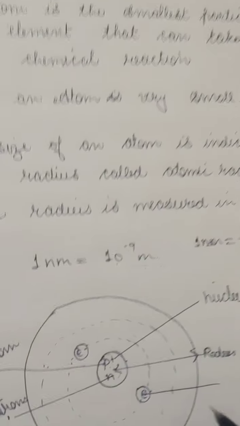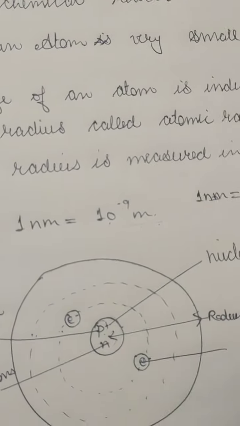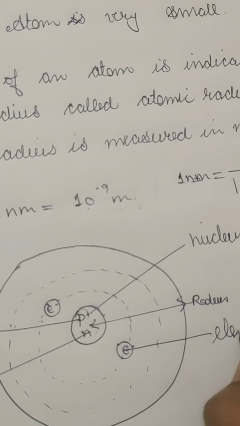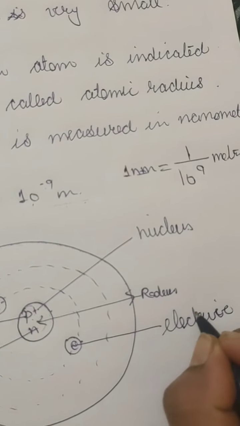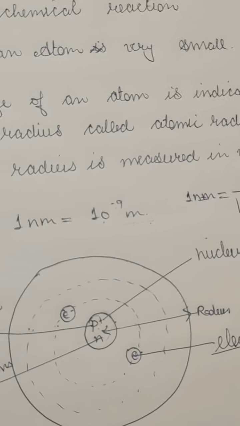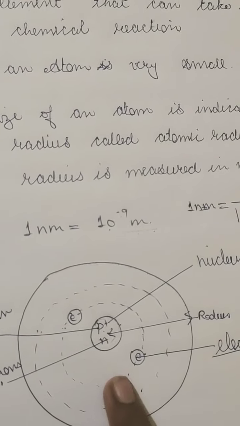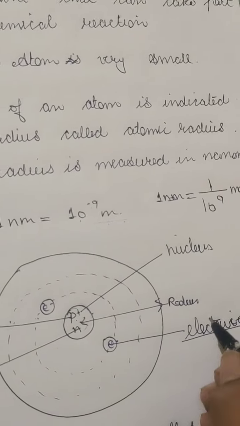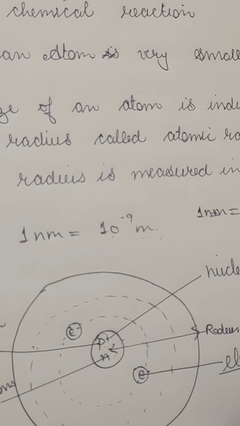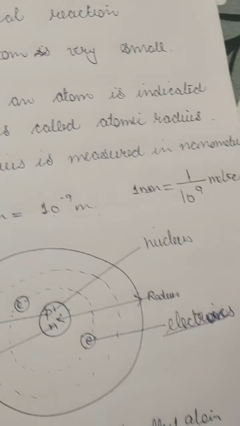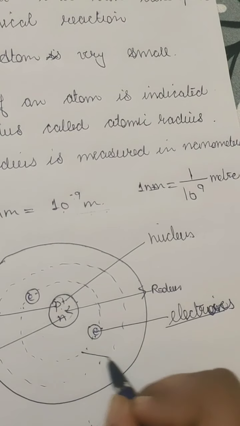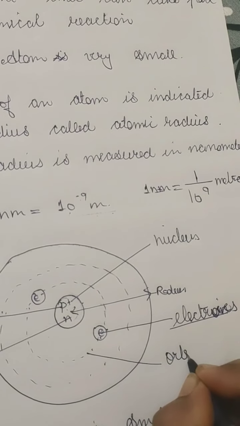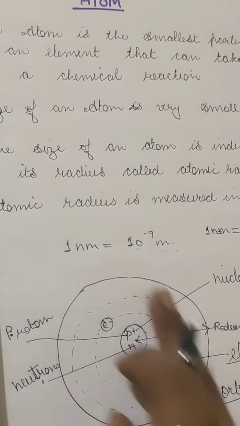These electrons are found here in the orbit. Not live, actually, they are found here, because living is a term for living things. So this is the structure of the atom.